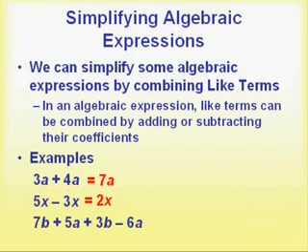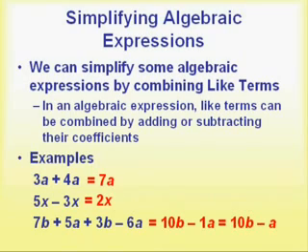In the expression 7b plus 5a plus 3b minus 6a, we add the coefficients of b and subtract the coefficients of a to get 10b minus 1a. We rarely write 1 as a coefficient. When you don't see a coefficient, it's understood. So this is the same as 10b minus a.